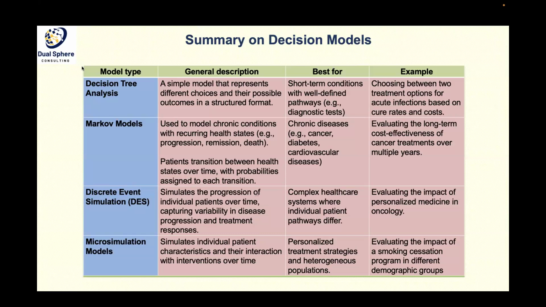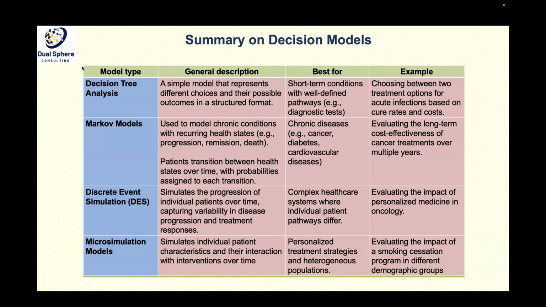Example for decision tree: you choose between two treatment options for an acute infection based on their cure rates and their cost. Like the example we gave for surgery versus medical intervention. Markov, if you want to evaluate the long-term cost effectiveness of cancer treatment over multiple years.